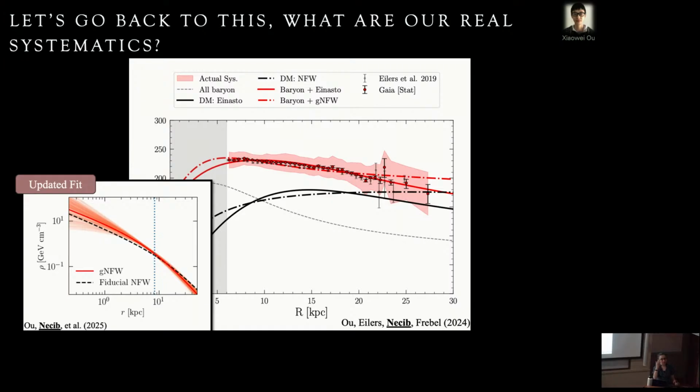Ideally, you would have multiple probes: the H1 one, and then the star ones that probe the inner part, to get rid of this extrapolation or dependence on functional forms, if that makes sense. And the Milky Way is the best place that we have the most data for, but it's also the messiest. So it makes it more challenging.